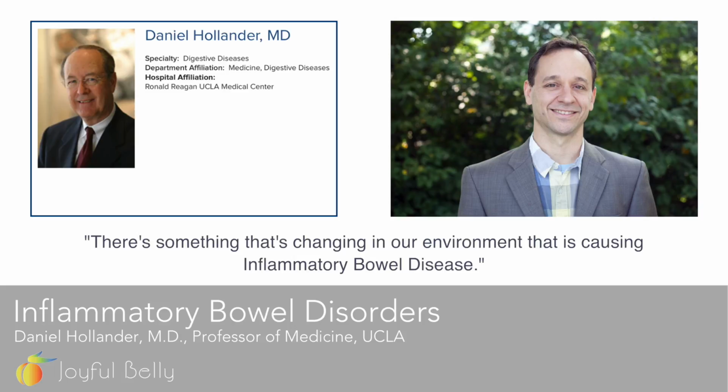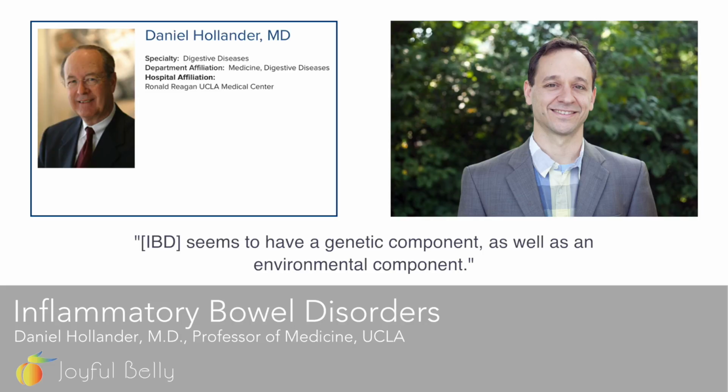So clearly there's a strong genetic component. The other clue is that families that have an IBD patient have a higher likelihood of having another relative, close or distant, with IBD. So it seems to have a genetic component as well as an environmental component.